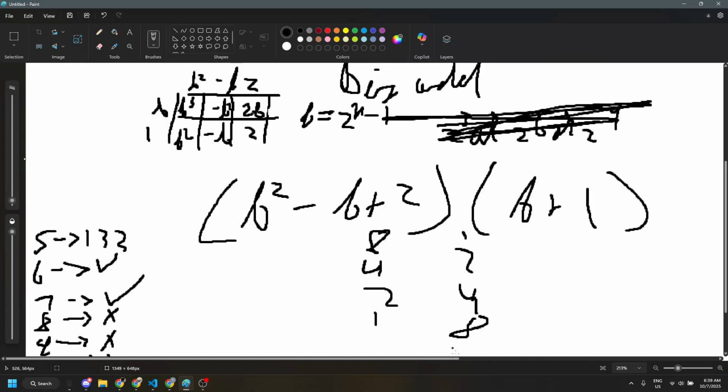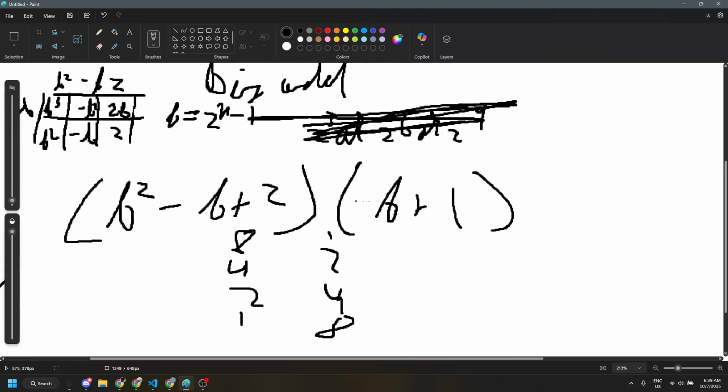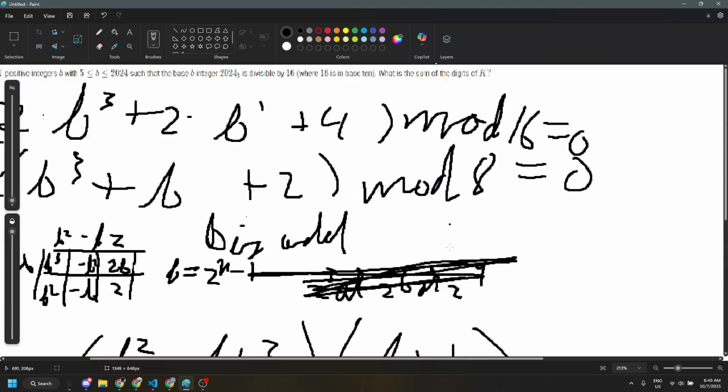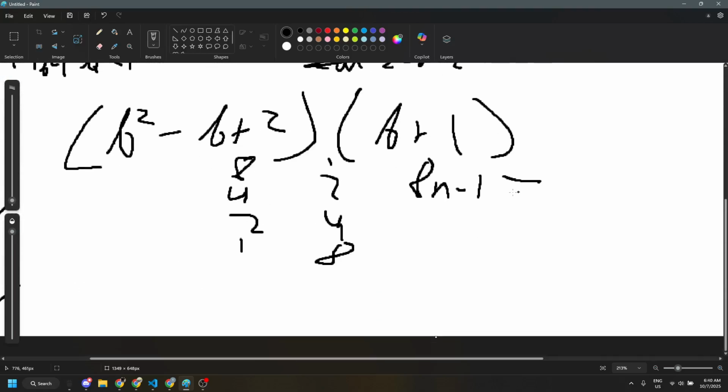Well, I can at least tell that it's right below multiples of 8. So here, this when it's like 7, 16. So it's gonna be 8n minus 1, which is equal to 2024.